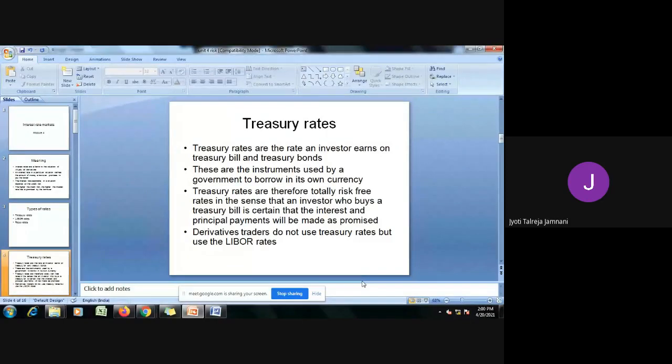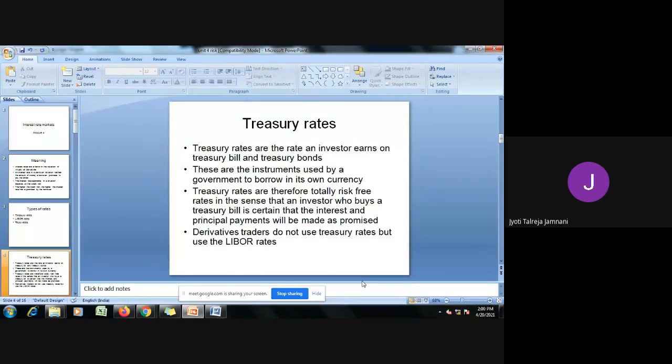The bills and bonds will remain as they are, and the new government will have to oblige. So here the risk is negligible because a country's government has guaranteed you the interest and your principal amount back. Whatever money you give to the government and whatever interest you earn on that, we call those interest rates treasury rates. And these are risk-free rates because the government is backing these bonds and bills.